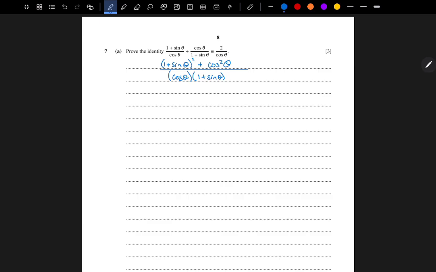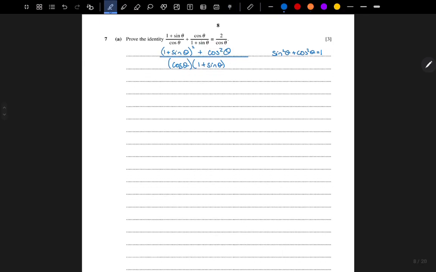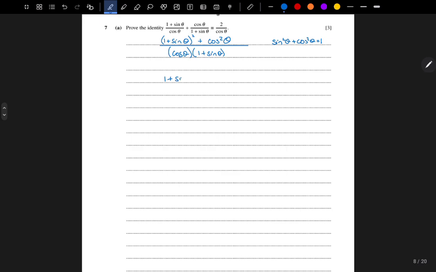So we can use the identity we have, which is sine square theta plus cos square theta equals to 1. We can use this to open up this cos square theta. So we'll have 1 plus sine theta to the whole square plus 1 minus sine square theta upon cos theta into 1 plus sine theta.